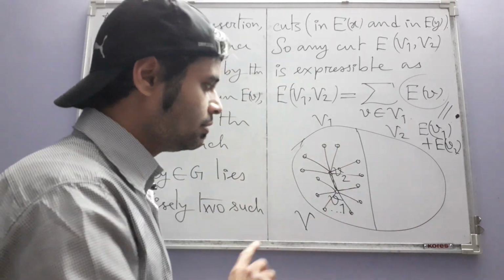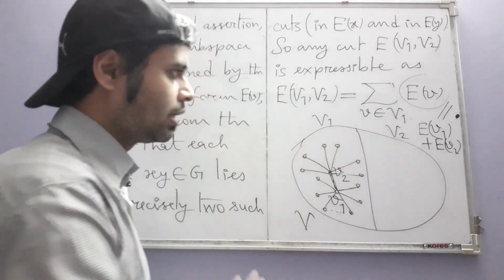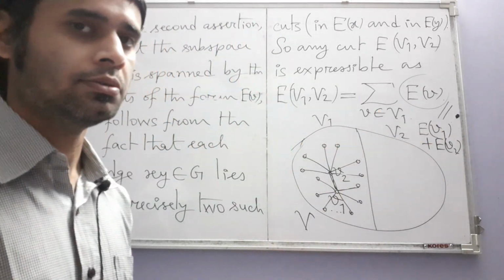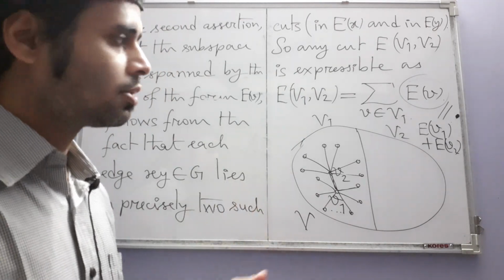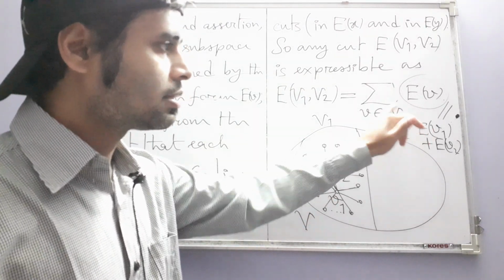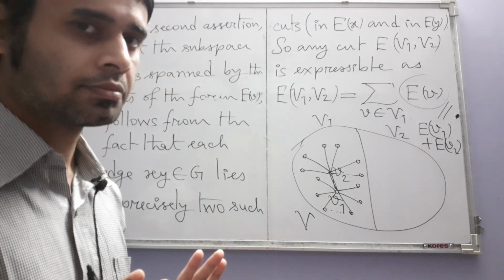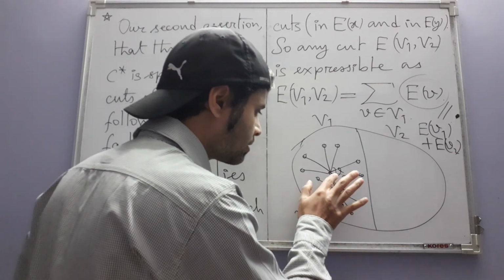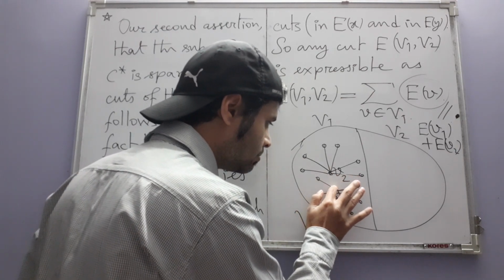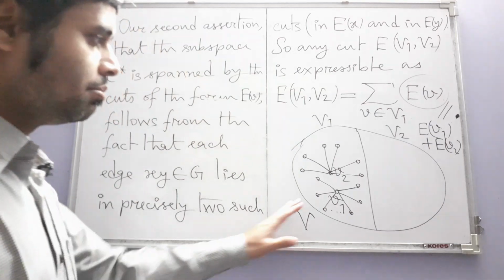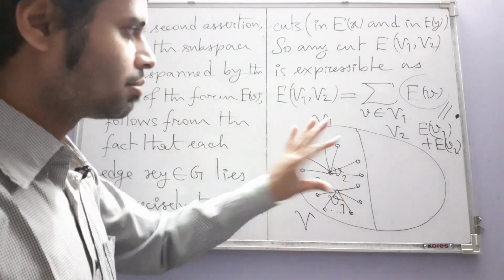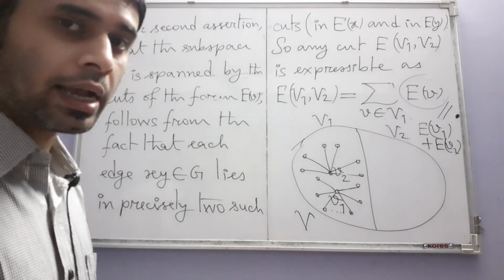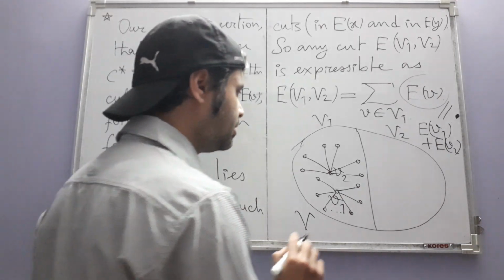Whatever you are left with together gives you an edge set, and that edge set is the sum E of V1 plus E of V2. And you have to continue doing this process until all the vertices in V1 are exhausted. So our procedure demands that we remove this edge. Now the remaining edges form a set that is E of V1 plus E of V2. Now say you consider another vertex, V3.